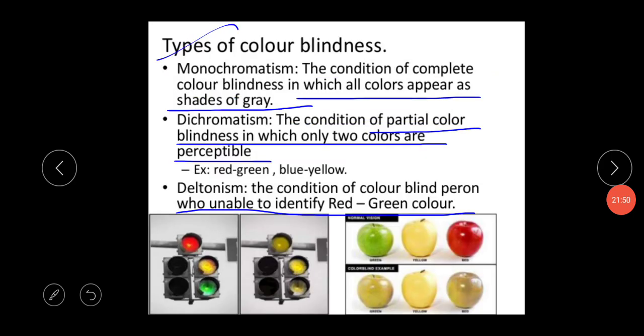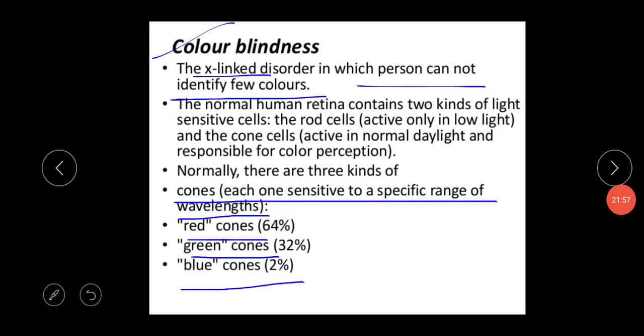These things are not included in your syllabus. For your better understanding and knowledge, I have made this slide. The main thing from color blindness is that you should first know what type of disease it is, X-linked or autosomal. Color blindness is an X-linked recessive disorder.